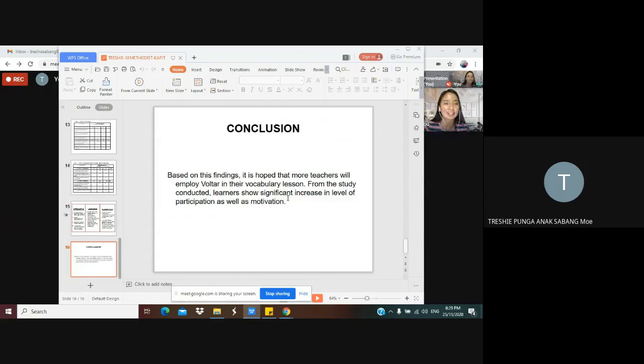They can't just tell they love something. So I believe that Volta is a good method since it doesn't require any coverage. Teachers can provide it on their own. At the same time, it is applicable to other subjects too.